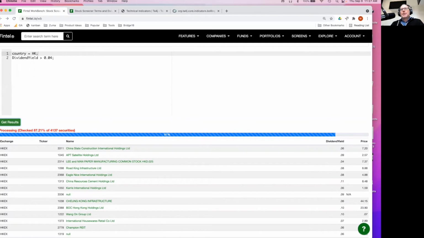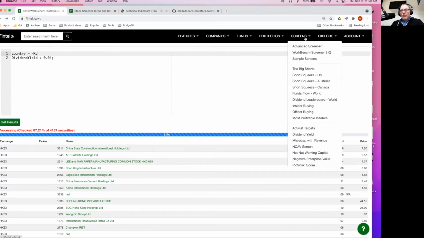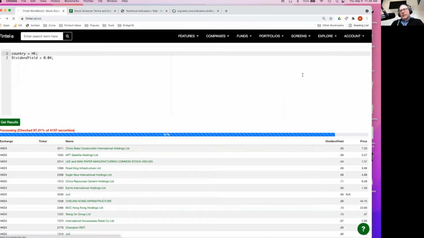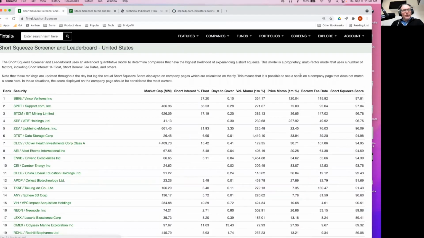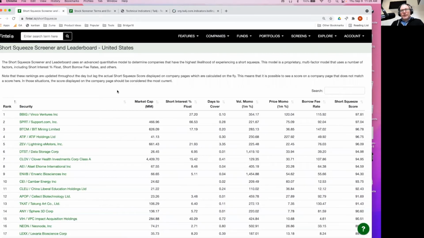How can we detect a short squeeze that's just starting to go up? So the question you're asking is really, what is the short squeeze explorer, right? So here's the short squeeze leaderboard for the US, and this is our current list of best short squeeze candidates right now. This is the answer to your question.